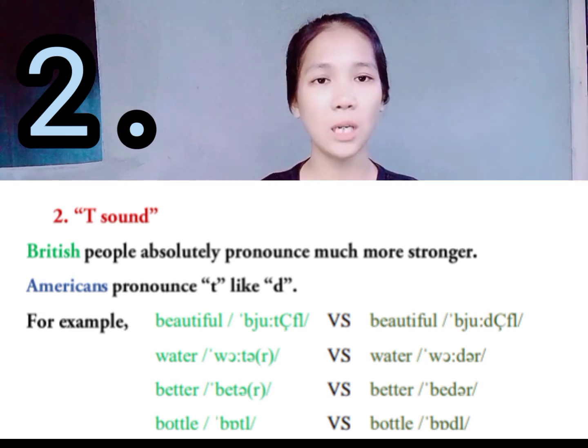American changed the T sound into D and pronounces it like da, da. But British is more emphasized on that and they pronounce it much more strongly.